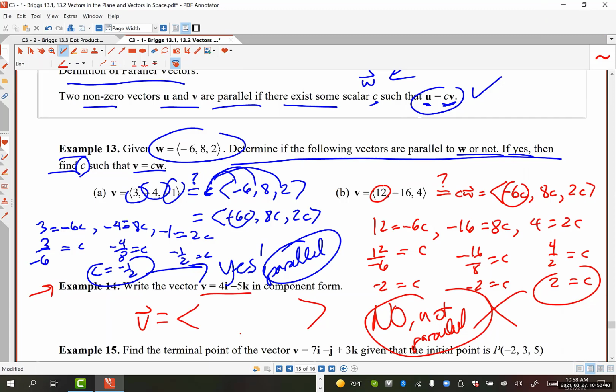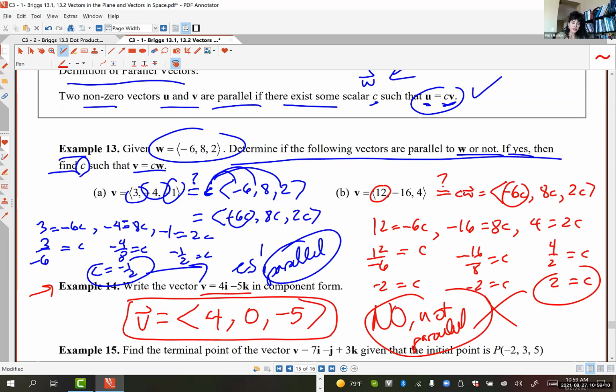I think you can just do it by inspection. Can you just do 4, negative 2? Oh, no, never mind. Is it 4, 0, negative 5? 4, comma 0, comma negative 5.